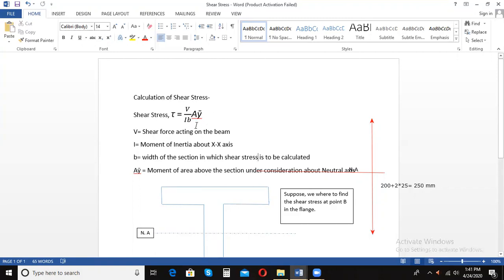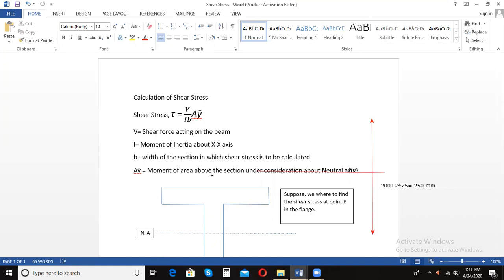And what is A Y bar? This is a very important term. You know V, you know I, you know B; these will already be there in the problem. But students often get confused about how to calculate A Y bar. A is the area, and Y bar is the distance of that area with respect to the neutral axis or the centroid of the section. So which area do we have to consider? A Y bar is the moment of area of the section above the point under consideration, above the neutral axis.